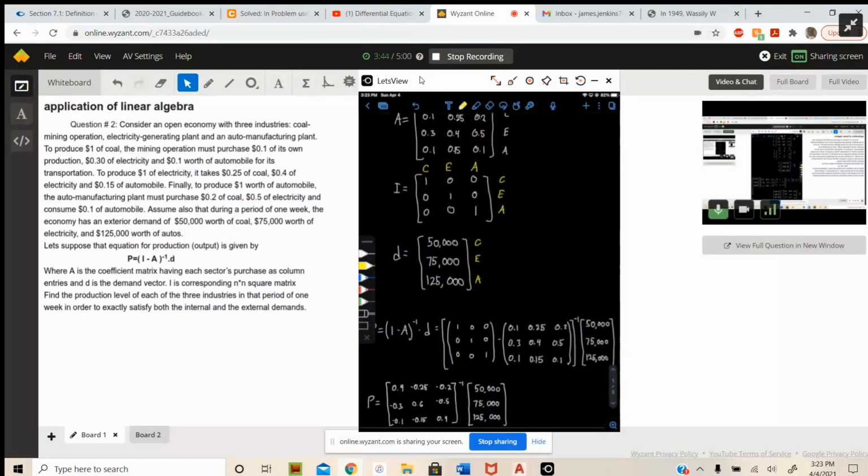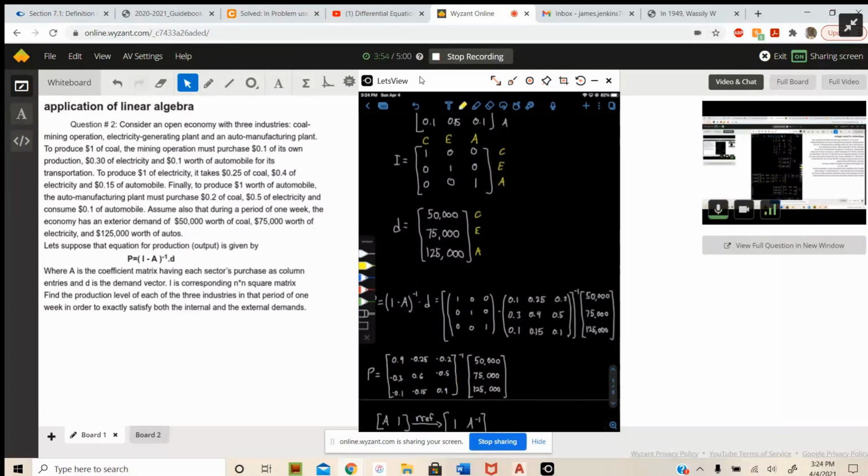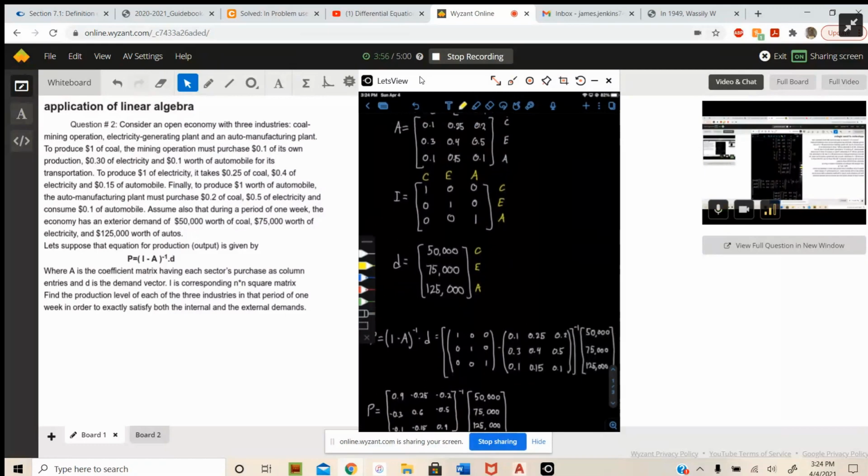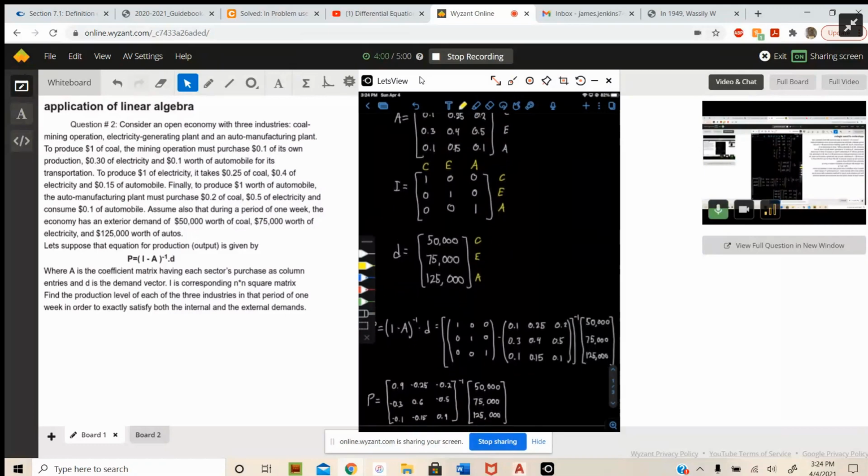When we subtract A from the identity matrix, we get a new matrix, which we can't call A, but it's good to give it a new name, maybe A sub 1. So we have this new matrix A sub 1, and we have to invert it.